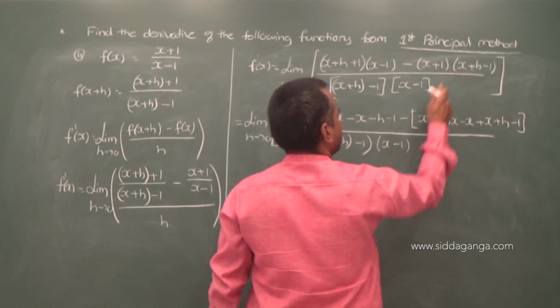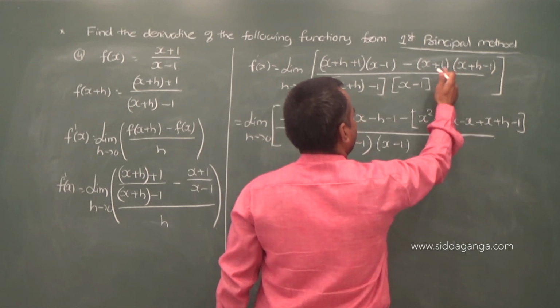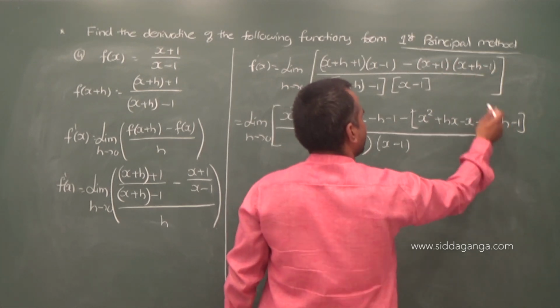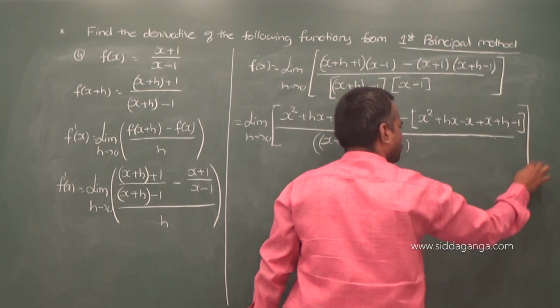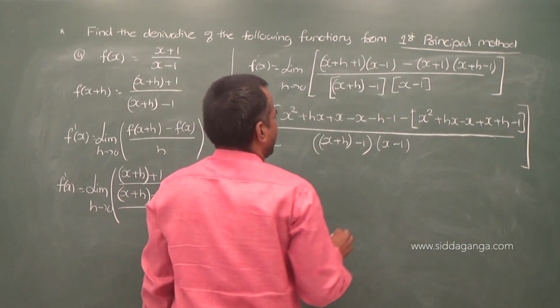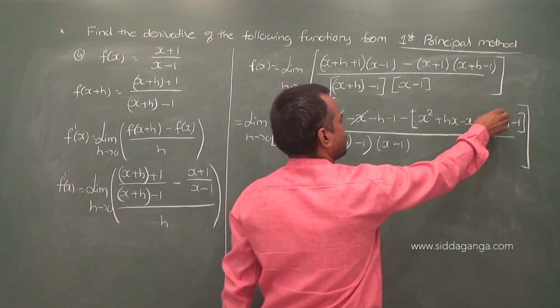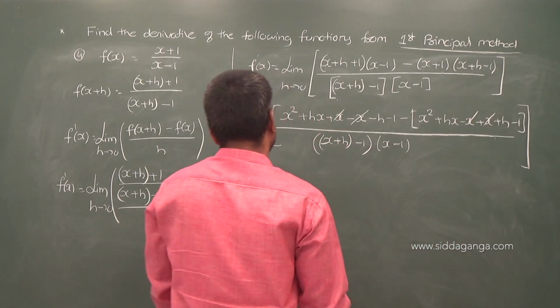See, x into x square, x into hx, x minus x, 1 into x, 1 into h, 1 into minus 1. Understand? So what terms are cancelled? Plus x minus x get cancelled. Here also plus x minus x get cancelled.